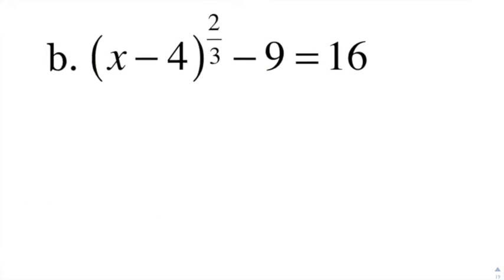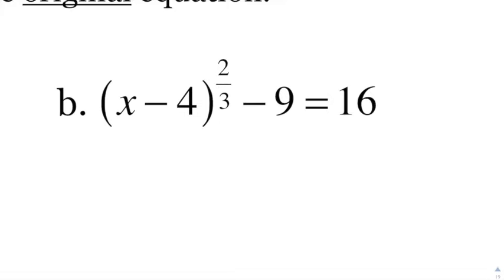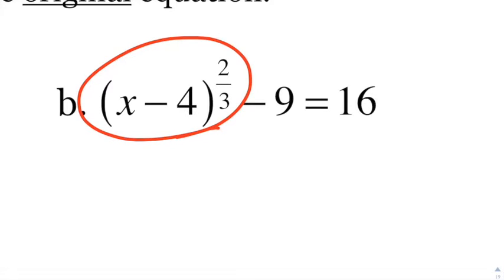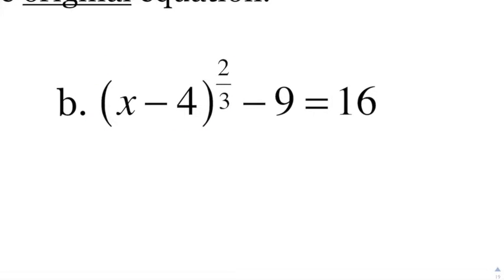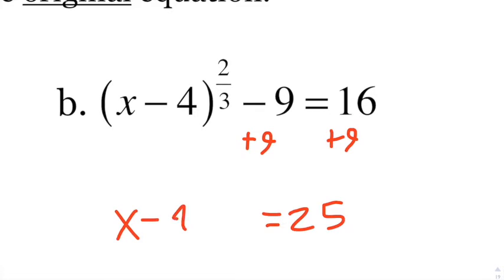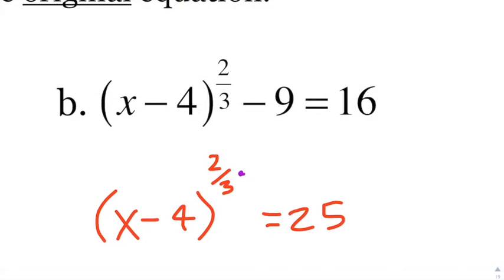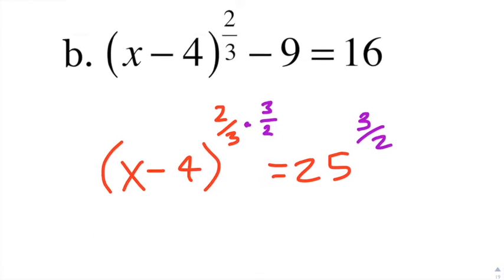All right, let's look at what this one looks like. So we're going to isolate everything that's got the power. We're going to add 9 to both sides. It's going to get us to 25. So all of this stuff is raised to 2/3. And then we're going to raise both sides to the reciprocal fraction, 3/2.